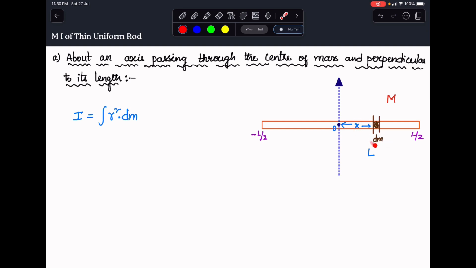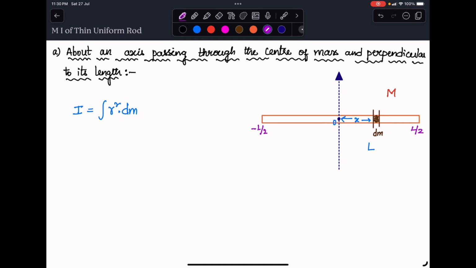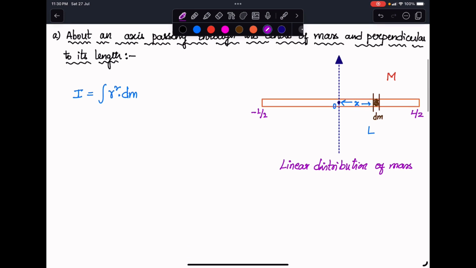Now what about this dm? How to define this dm? As we already know a few basics, this is a linear distribution of mass. For a linear distribution of mass, lambda is equal to mass per unit length.